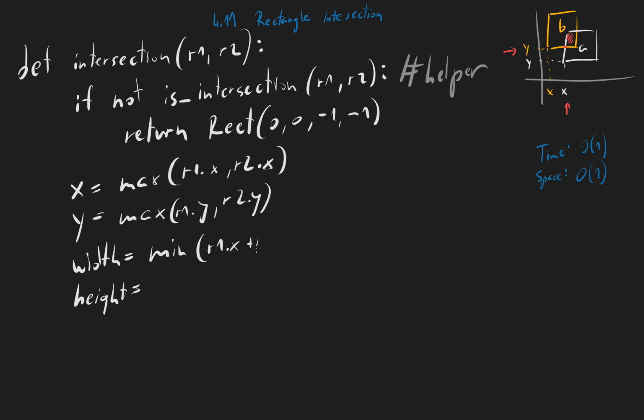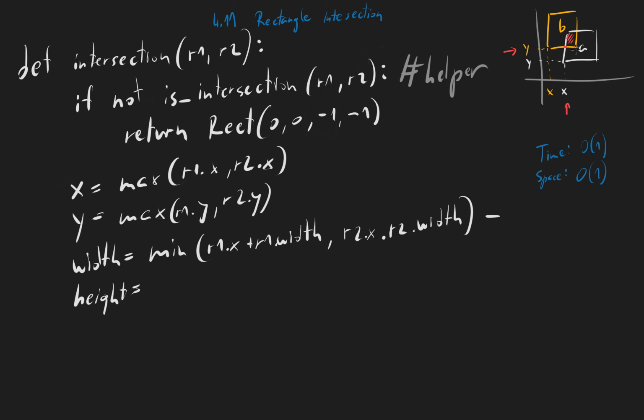r1x plus r1 width. Right, so we get a smaller rectangle, r2x, r2 width. So once we get a smaller amount, we just reduce it.